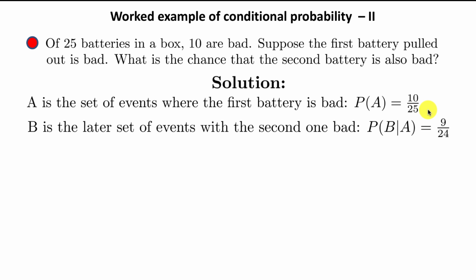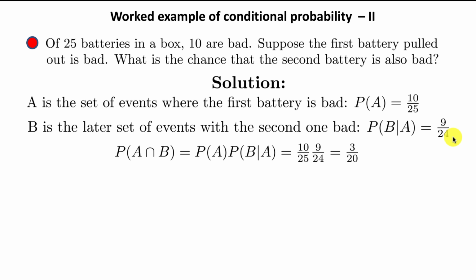Now B is the later set of events, with the second one being bad. Since the first battery was bad, there are now 9 batteries which are bad and 24 batteries that are left in the box. And so therefore the probability of B given A is 9 out of 24.